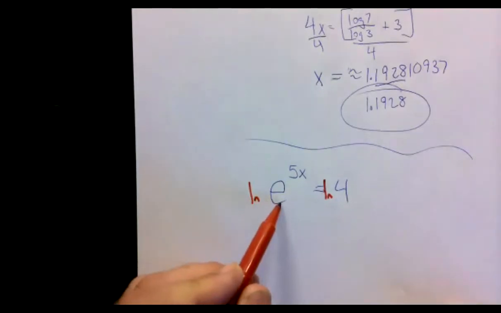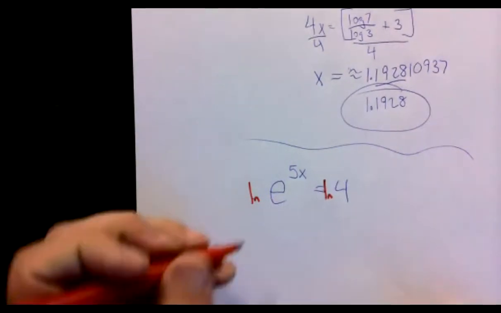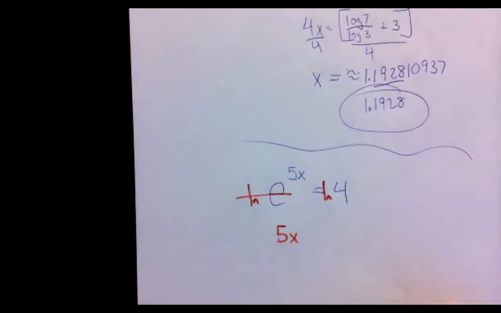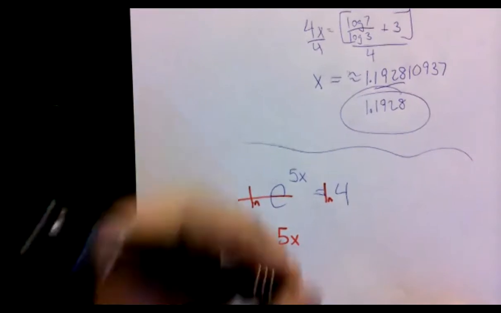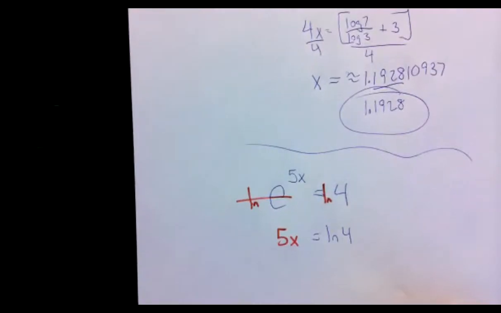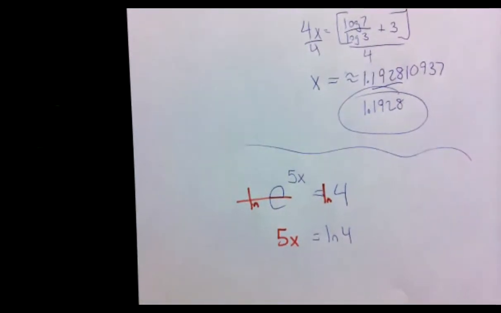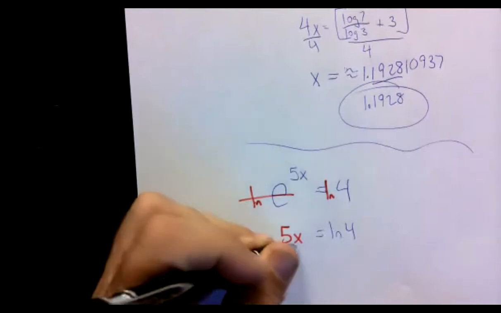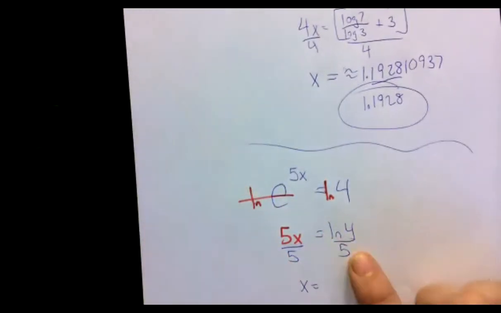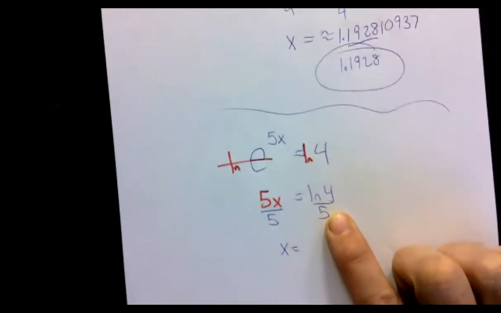And using the property from last time, the natural log of e to the 5x power is just 5x. And to get x by itself, the opposite of multiplying is to divide. So x is going to equal the natural log of 4 divided by 5.